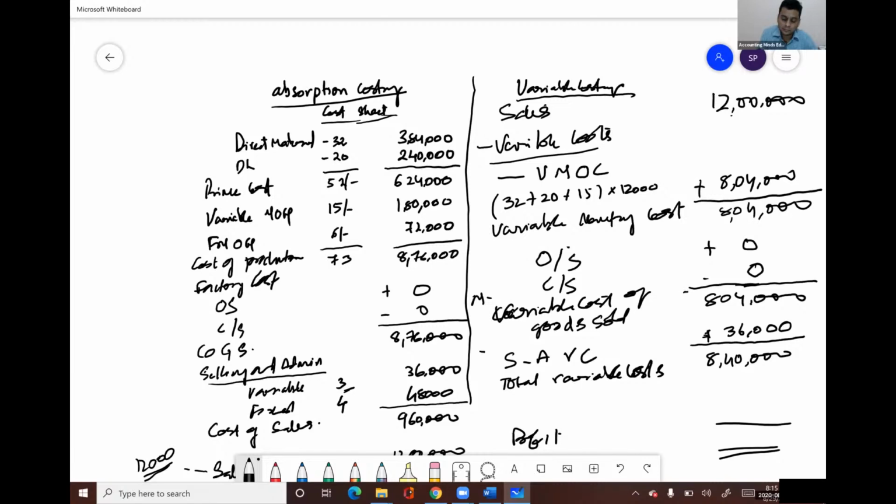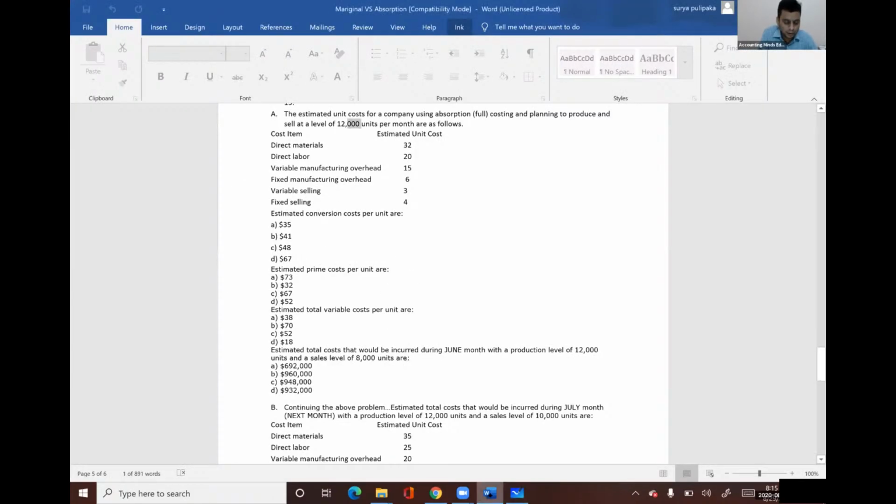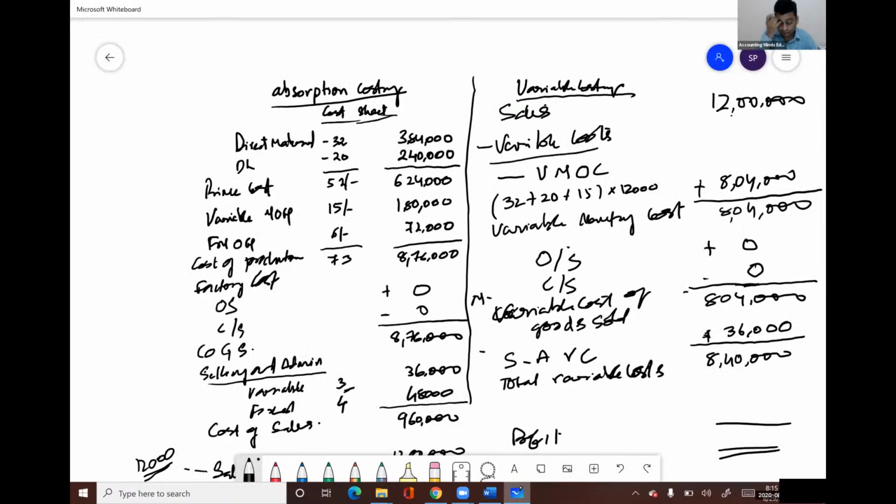Agree? A while ago we did it or not? What was the total variable cost? Did you find the total variable cost here in this question? 70 now. Correct or not? We did, right? A while ago we did 70 into 12,000, 8 lakh 40,000. Right? Yes sir.